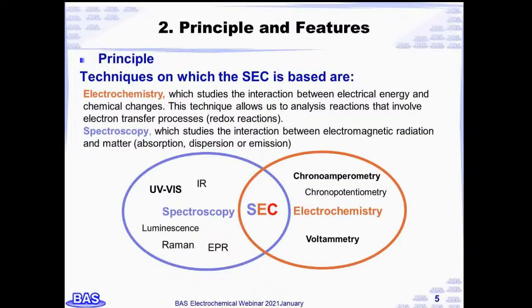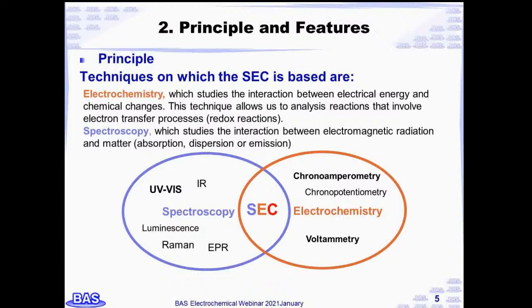Techniques on which SEC is based are electrochemistry and spectroscopy. Electrochemistry studies the interaction between electrical energy and chemical changes. This technique allows us to analyze reactions that involve electron transfer processes.